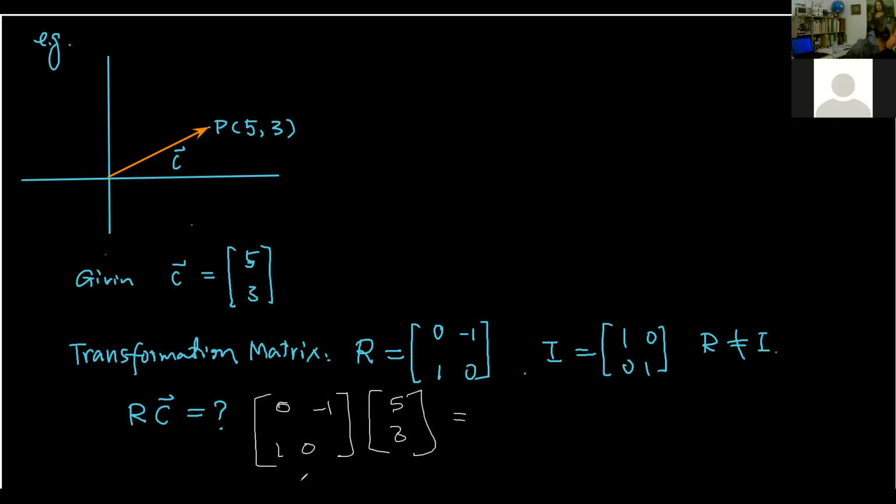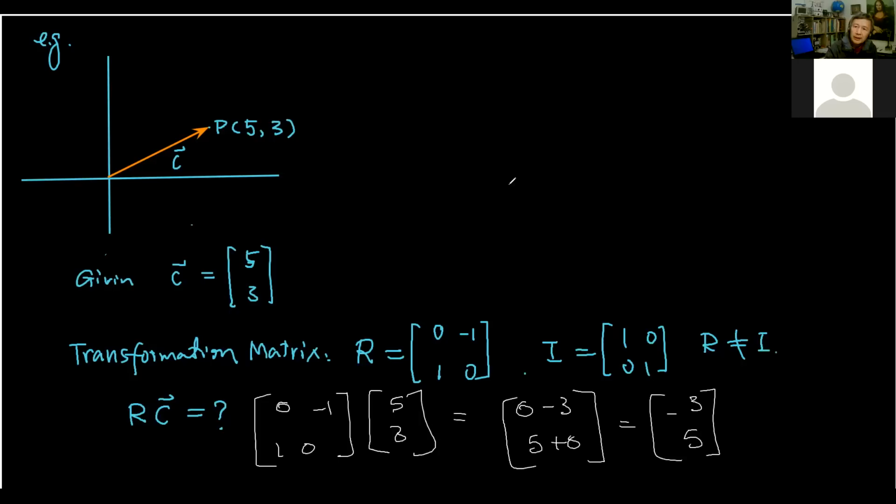So 0, 0, and then negative 3. Yep, that's right.